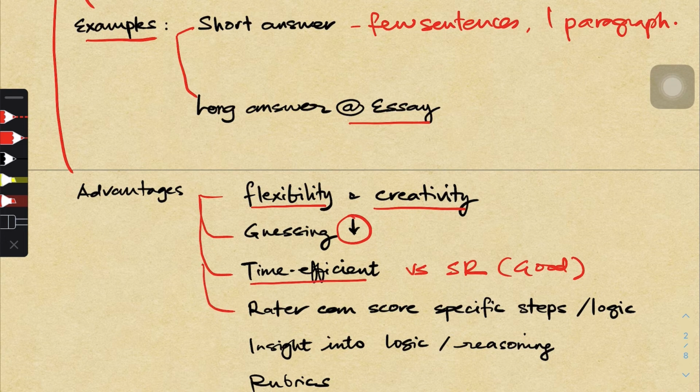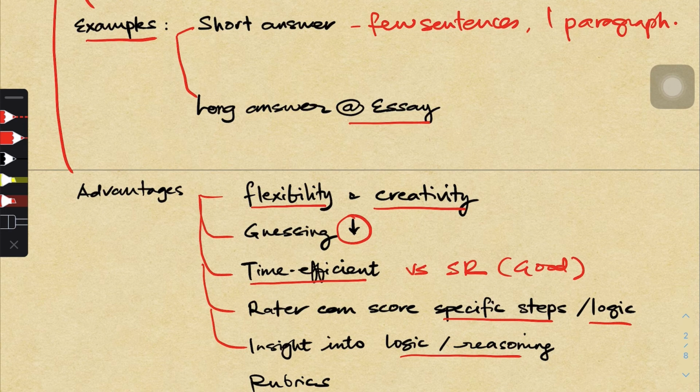Another advantage of a CR question is that the rater can score specific steps, or can score the logic behind the answer rather than just the answer. As you can see, it's more flexible, and the rater can have insight into the logic or the reasoning behind the answer. So not just coming up with the answer, but we can see the process of thinking, the flow of thinking.